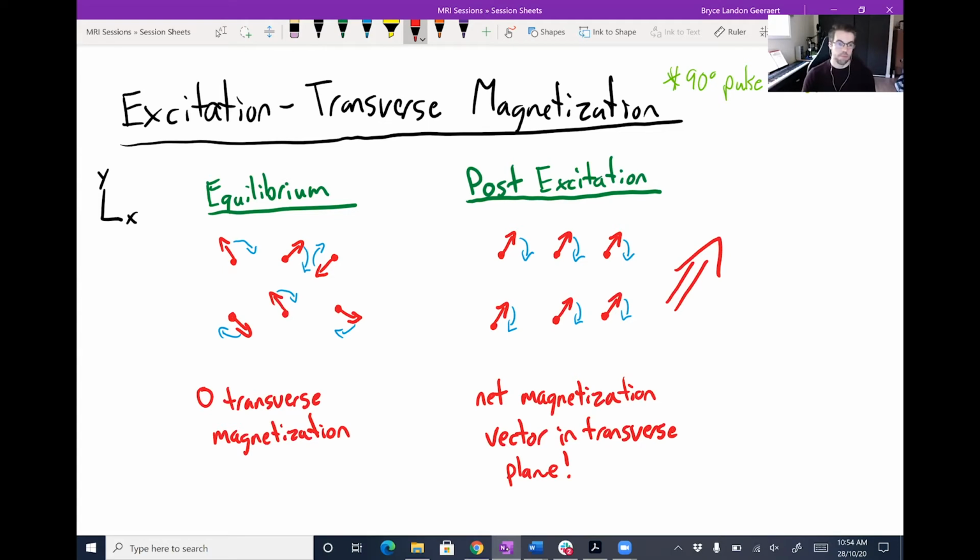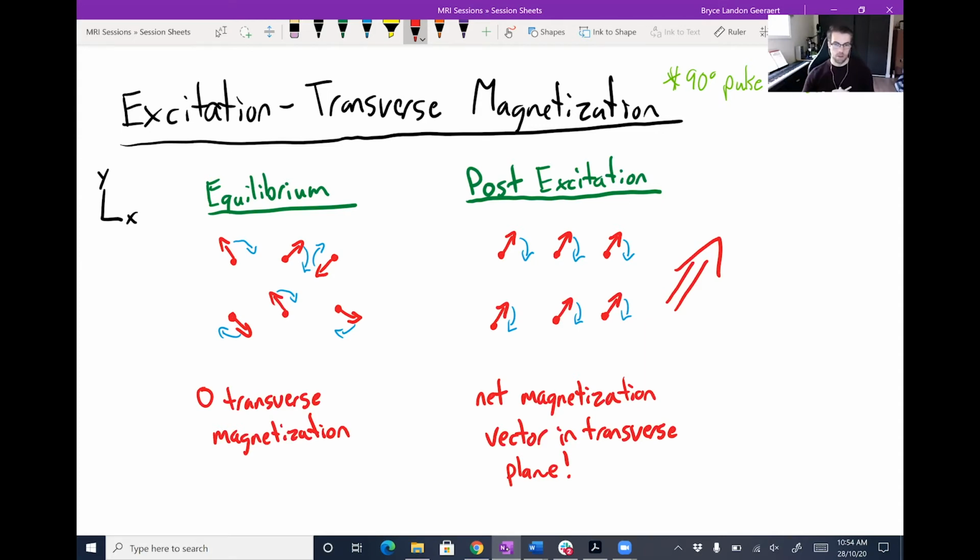When we consider our NMV components, it's actually synchronization of the precessional phase of different hydrogen atoms. So at the level that we're talking about, these hydrogen atoms are still in their up and down orientations. They're not actually becoming aligned with the B1 field like you might expect. They're staying in the up and down orientations like we just talked about, but the phase of their precession is now synchronized.